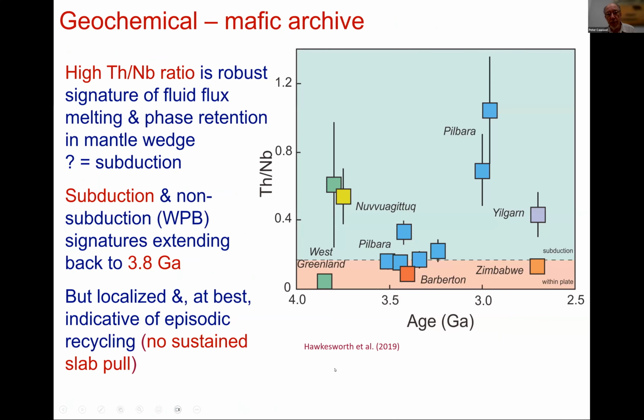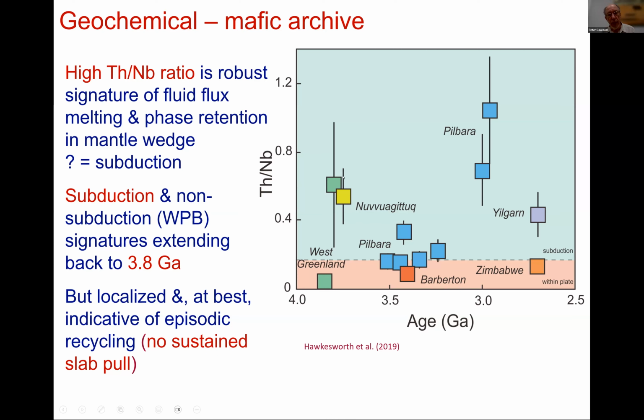Geochemical archive, particularly of mafic rocks. Certainly on the present day Earth, one sees various elemental abundances, or more particularly elemental ratios, thorium niobium, that are equated with fluid flux melting above a downgoing slab, producing high thorium niobium ratios. And people have measured similar type ratios in Archean rocks and said, well, therefore we have evidence for subduction. I'm not so sure, but let's just go with that.